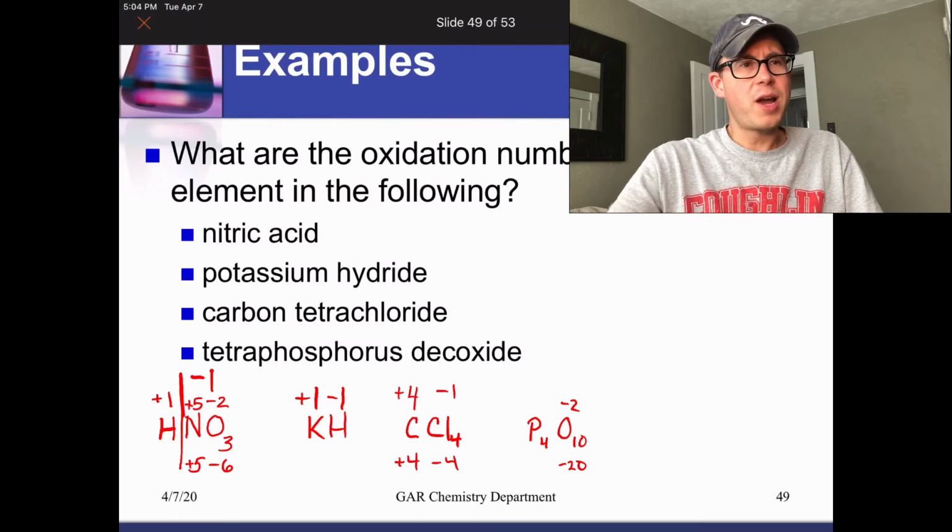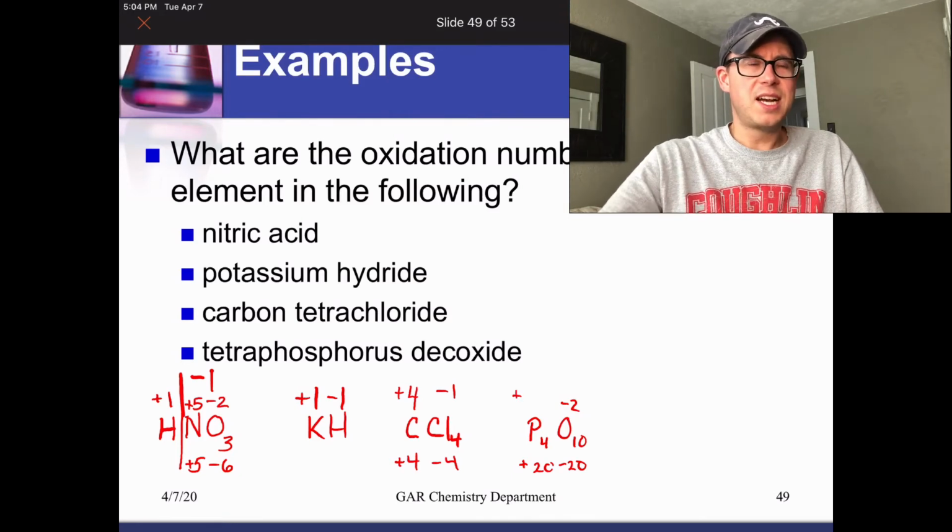But you have 4 atoms of phosphorus. So that +20 divided by the 4 atoms would be a +5. So phosphorus has an oxidation number of +5. If we were to name this in the stock system, it would be phosphorus, in parentheses, a Roman numeral 5, which is a V, followed by the word oxide to represent the oxygens.